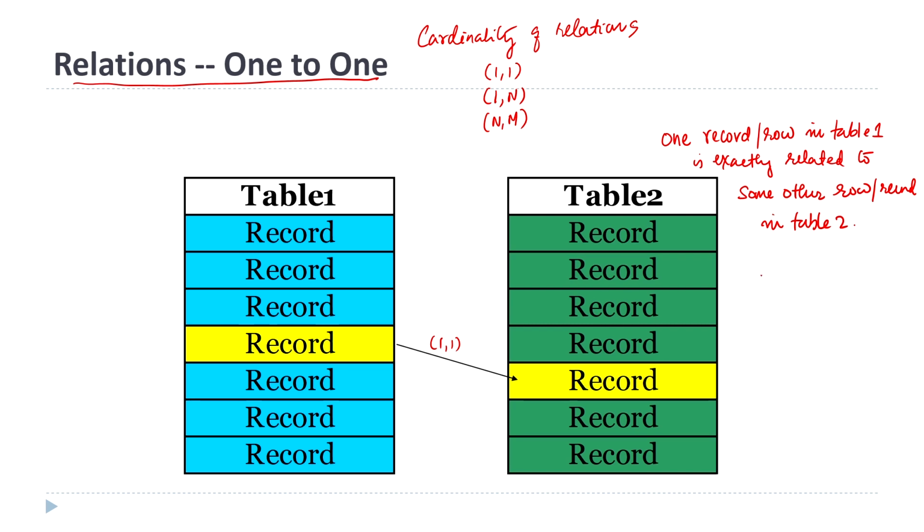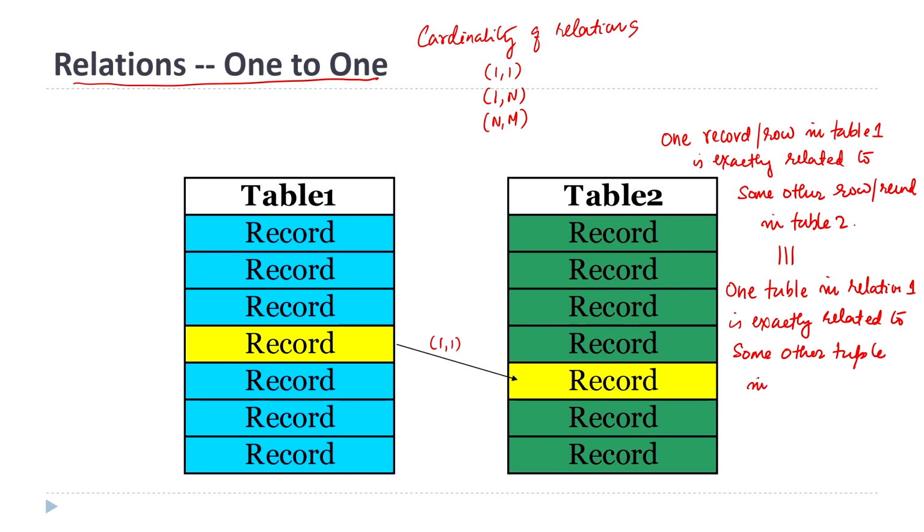You can also rewrite this. Another way of saying this is one tuple in relation 1 is exactly related to some other tuple in relation 2.